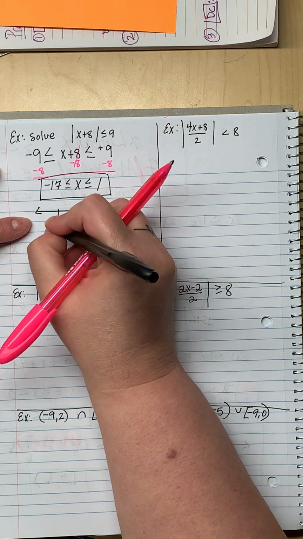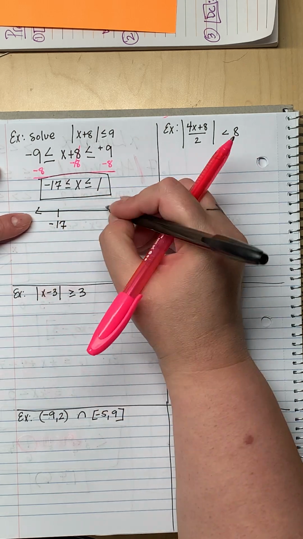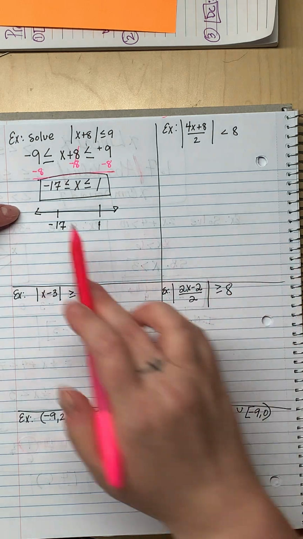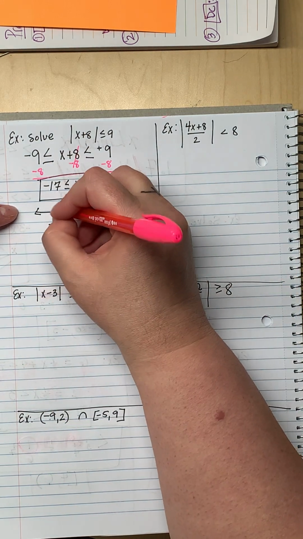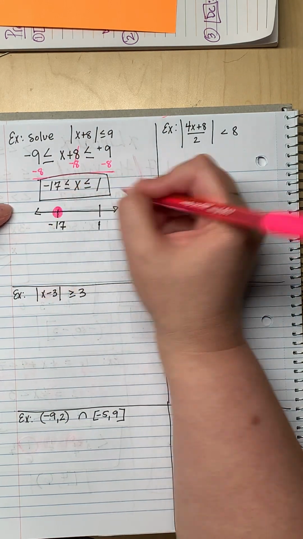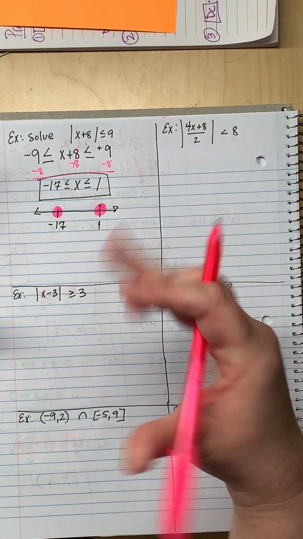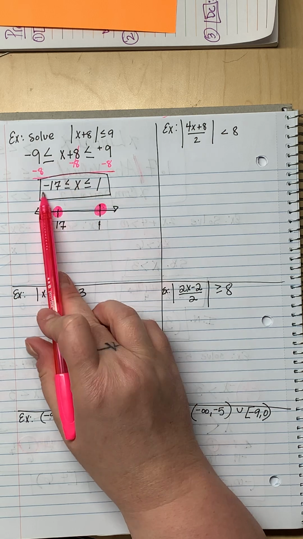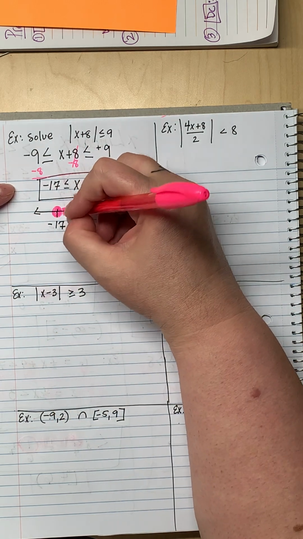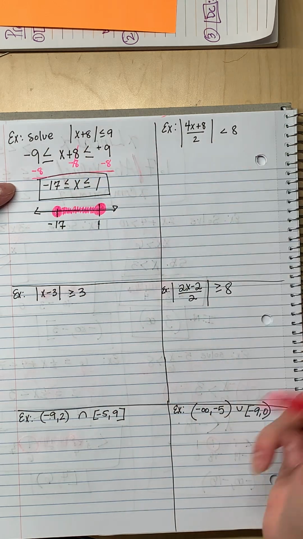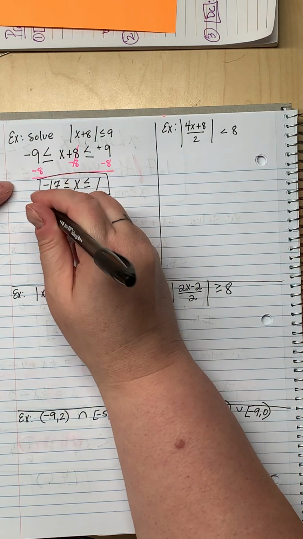And on our number line, negative 17 goes on the left because that's where negatives go. 1 goes on the right. For the equal to, you put a fat closed dot, or your homework might use a bracket, like a square. And then since x is in between, we shade in between, just like a sandwich. Okay, so that's the number line.